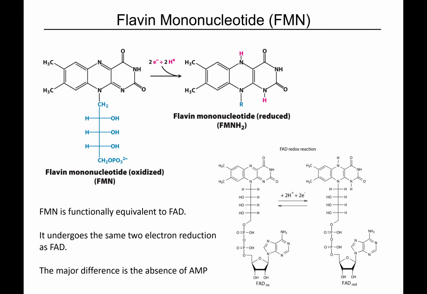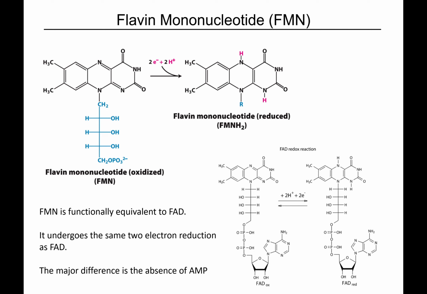The other cofactor we have seen before, but not in this form, is flavin. We've seen flavin as FAD, FADH2. This is FMN. It's flavin mononucleotide instead of flavin dinucleotide. So here we're seeing flavin mononucleotide. You notice that it's a ribose attached to our flavin moiety.